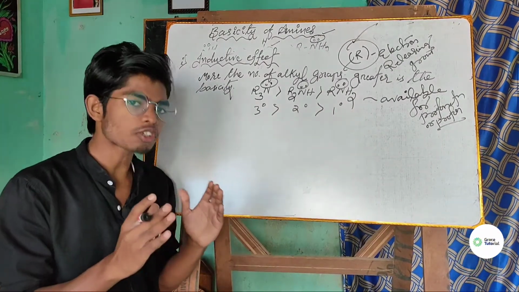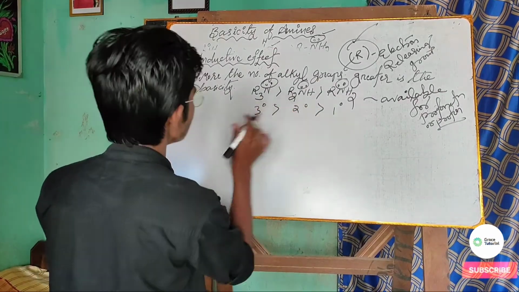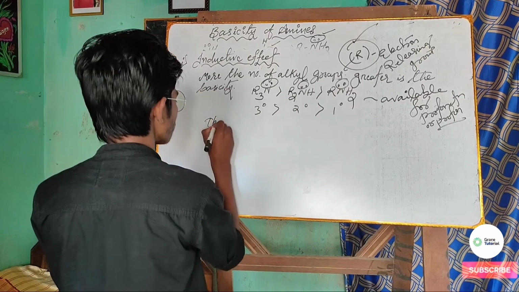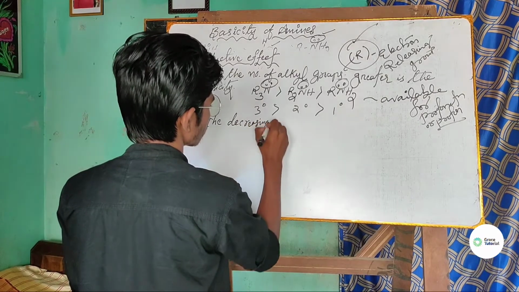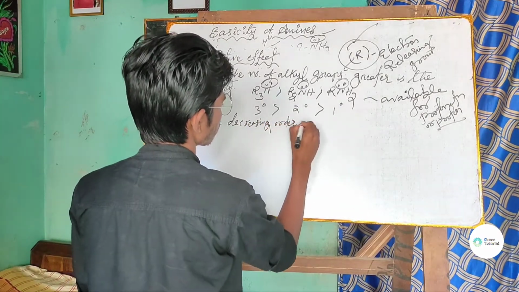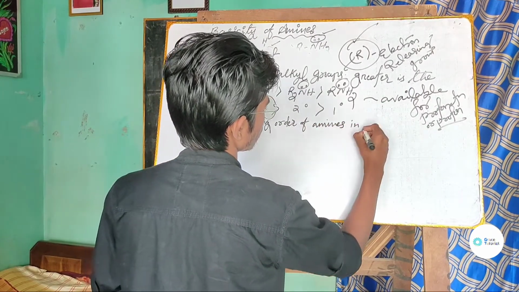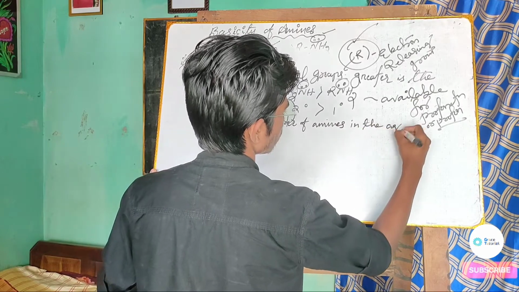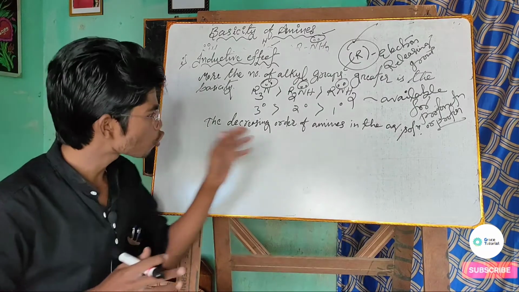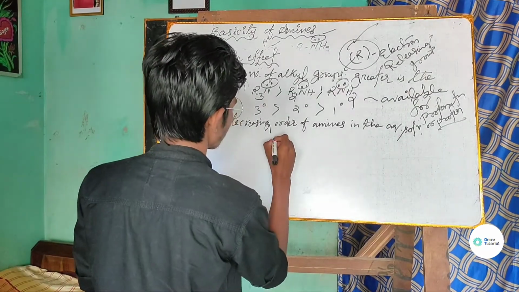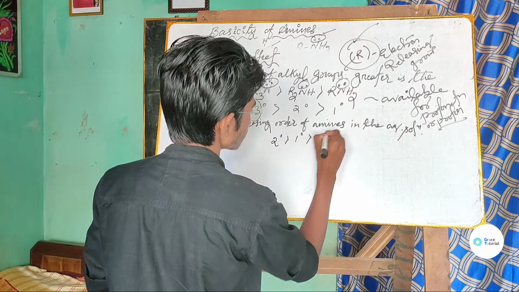But what is actually the correct order? The correct decreasing order of amines in aqueous solution is secondary greater than primary, primary greater than tertiary.